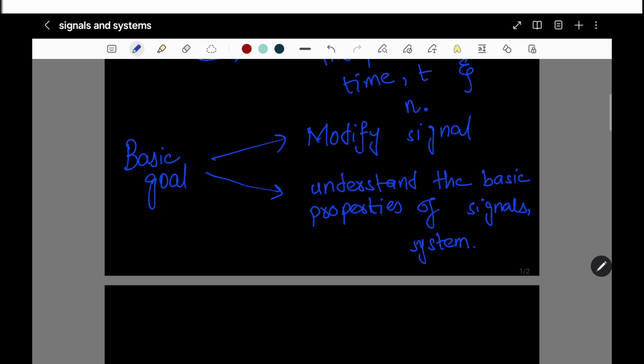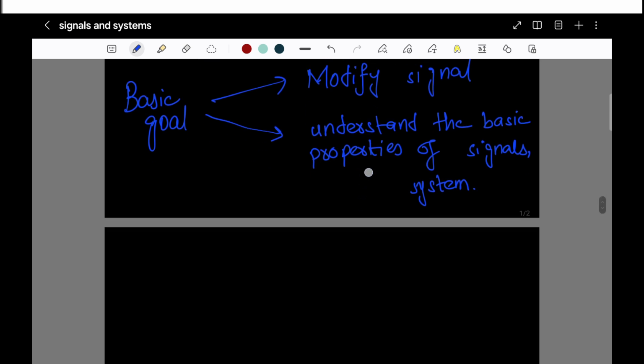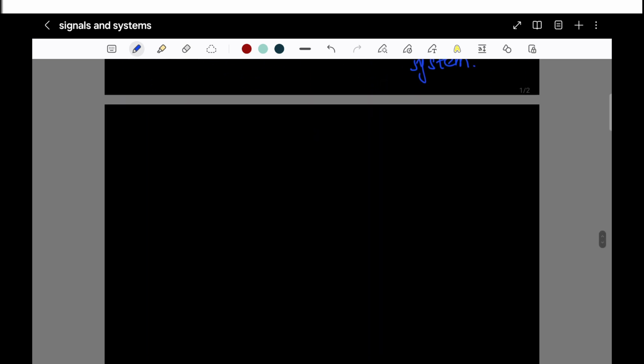Like in the next video you will see that based on these transformations we will define the signal, like the even and the odd signal and also the periodic signal. So we will look at a lot of signals in the next videos. So let's start with the first transformation, which is time shift.